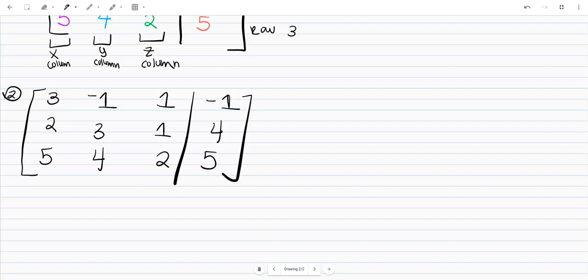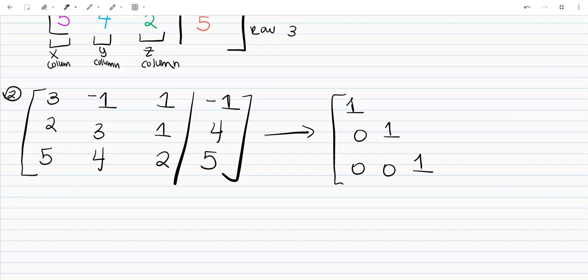Our goal now is to try to turn my augmented matrix into a row echelon form where I have ones on my diagonal, zeros below them, and any values above it. And we're going to do that using row operations.